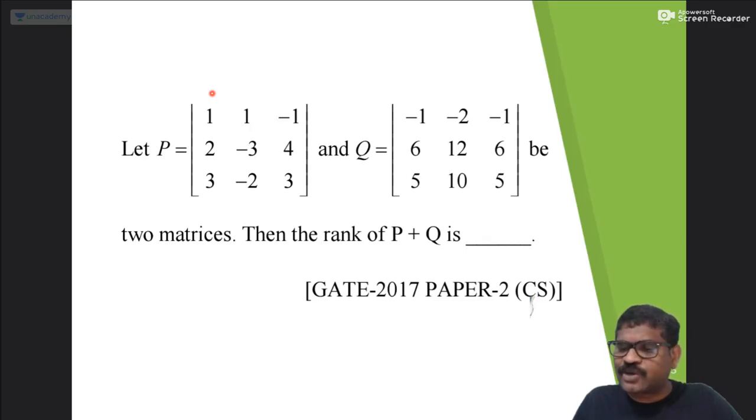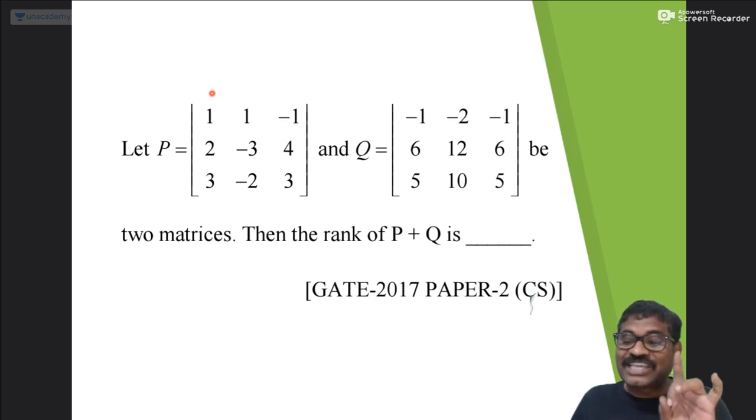You should not calculate rank of P and rank of Q. First, you have to calculate P plus Q. Most of the students will be trapped by this logic. First they will calculate rank of P, rank of Q, and add them, then gone. They say, sir, in Q two rows are identical or two columns are identical, so rank is very easy. You should not calculate in that manner.